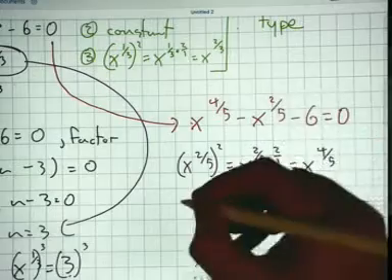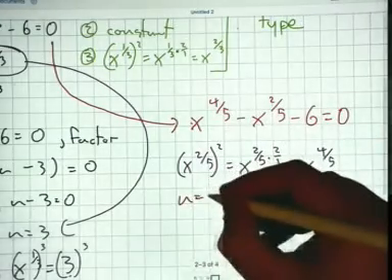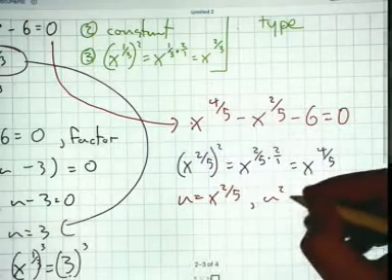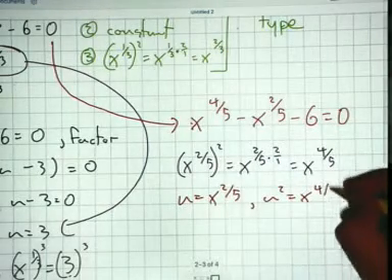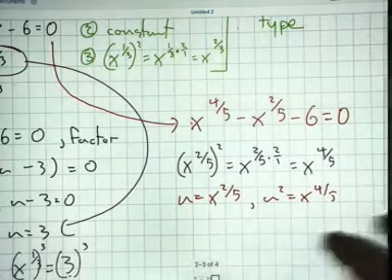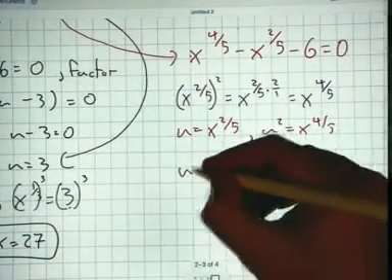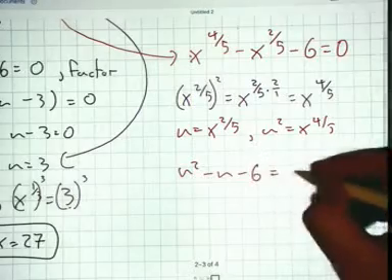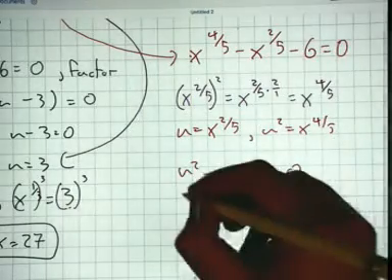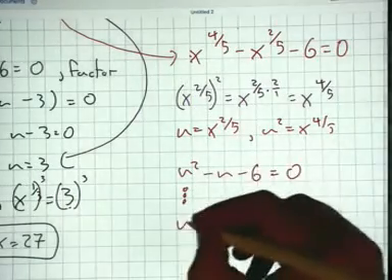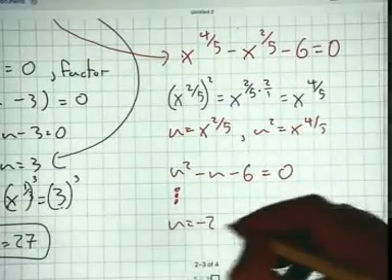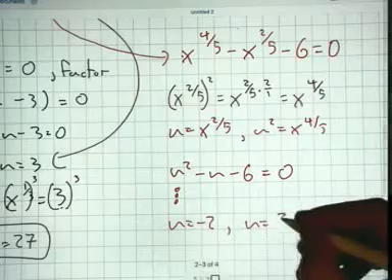So, if I let u be equal to x to the 2/5, u squared is going to be x to the 4/5. You get u squared minus u minus 6 equals 0. We already know what happens here. Do a little bit of work, and you get u is equal to negative 2, and u is equal to 3.